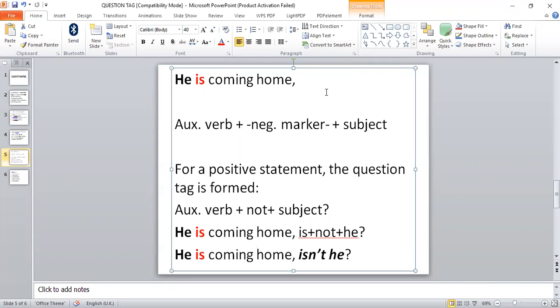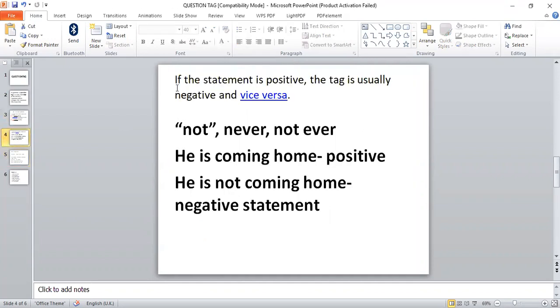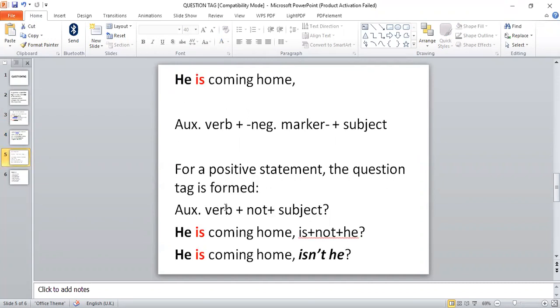The statement is a positive statement, and according to our third rule, it says that if the statement is positive, the tag is usually negative. And so from here, we have been able to fulfill the first, the second, and the third rule.